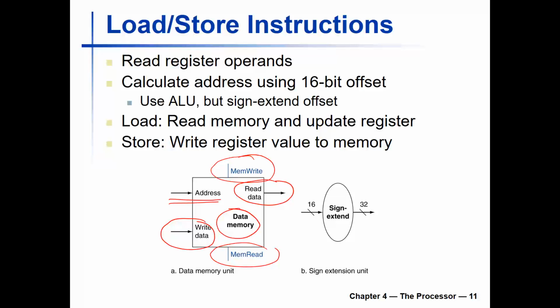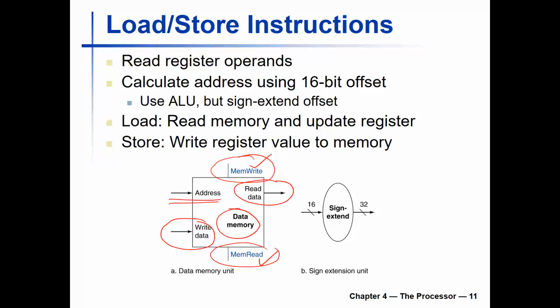It's kind of redundant. Why do I need 2 control signals? Because sometimes I am doing neither a write nor a read, for example when I'm doing an ALU operation, an R-type instruction. In that case, both of these control signals are deactivated.